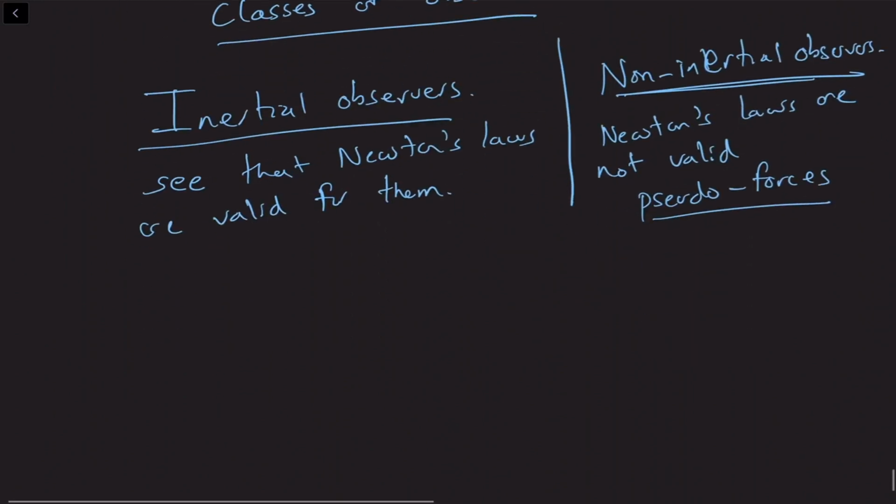So the law F is equal to ma is valid for inertial observers.